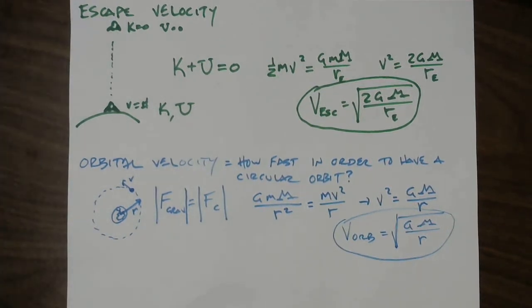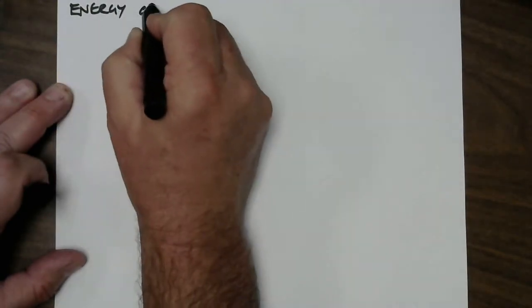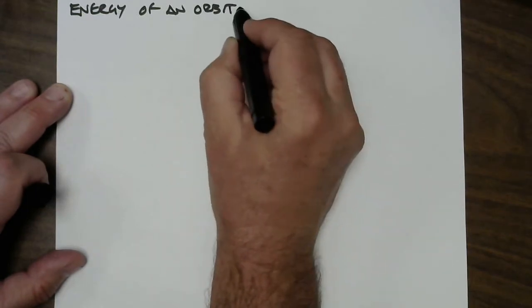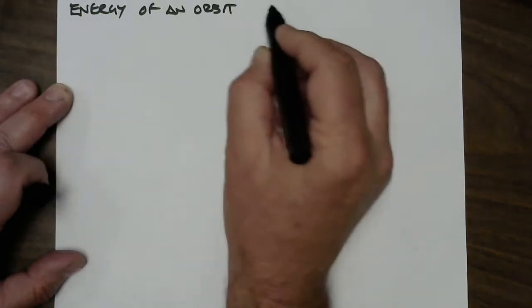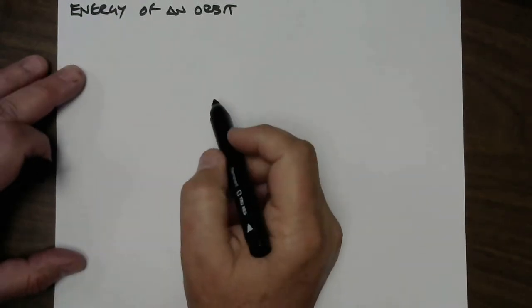It is instructive at this point to take a look at the energy of an orbit, the total energy of an orbit. So, what is the energy of an orbit? In other words, what do we have to do to get something up above the Earth and then get it to turn to the side and go around.